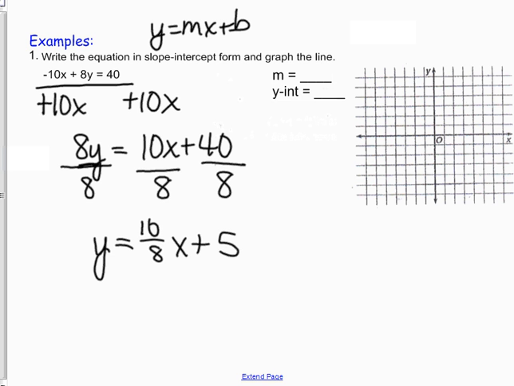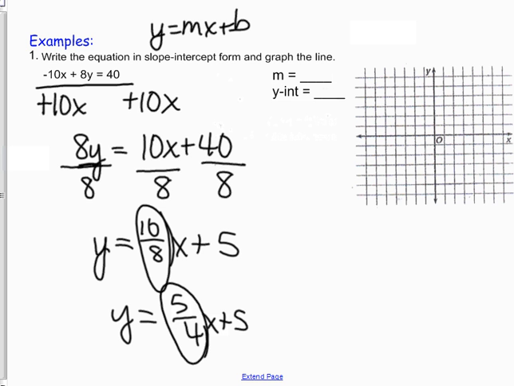Okay, that makes more sense. But what about this 10/8? I can reduce this number. This number has to be reduced in order to make it doable on the graph. So that's going to be 5/4 x plus 5. So the slope is 5/4. The y-intercept is 5.